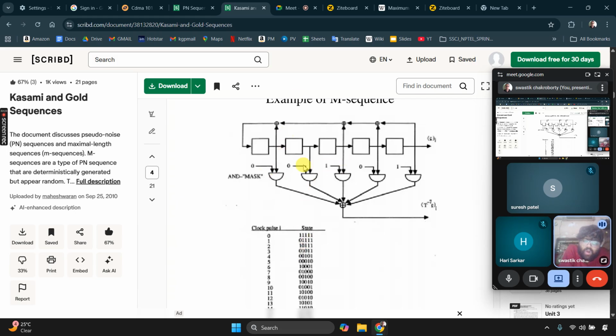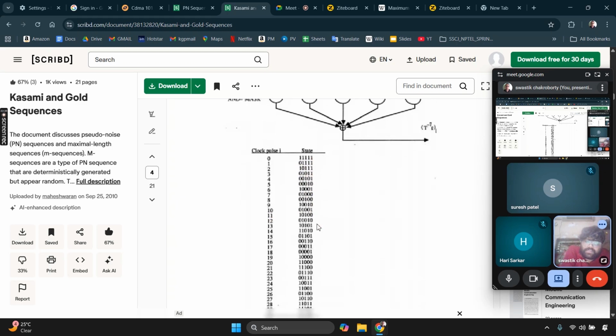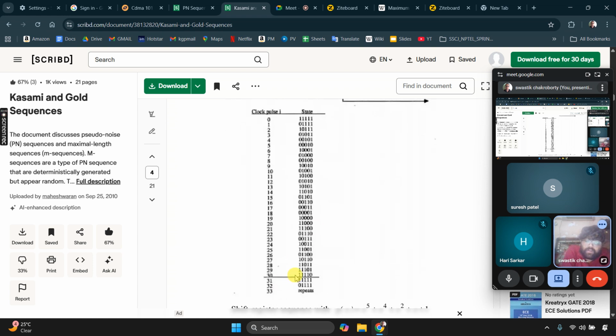Then they apply a mask, and from all ones you get the next state 0 1 1 1 1, then 1 0 1 1 1, like that the register states are switching. After 31 states, 0 to 30, it again starts at 1 1 1 1 1. So it is periodic after 31 states. Why 31? Because there are 5 registers, and 5 registers means 32 states.